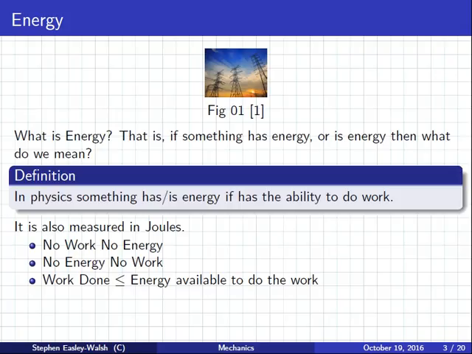The work is always less than how much energy you have to do the work. It's like a tank. You maybe have 1,000 joules of energy, and when you do work, this reduces. Like a car: you fill the car up with petrol, and then the car drives and it reduces. So work is always less than energy.